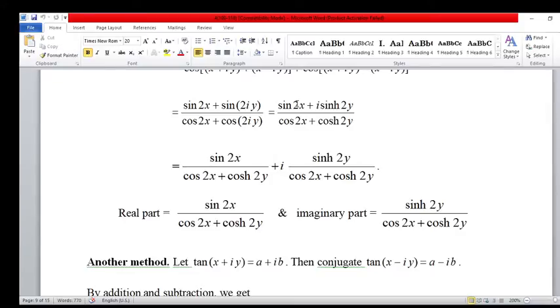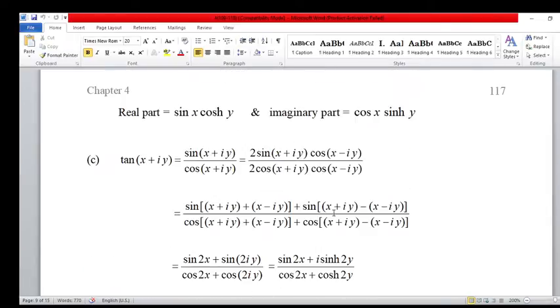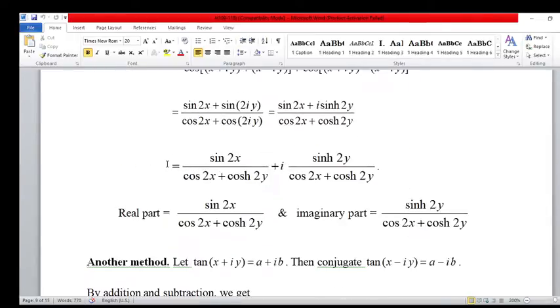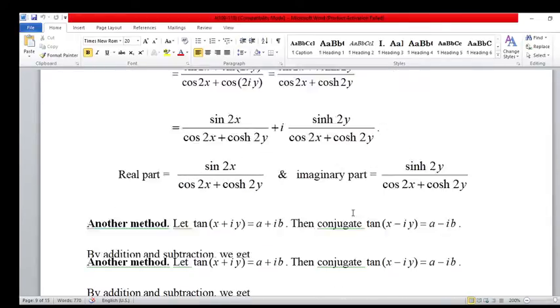Now separate the first part upon the denominator and the second part upon the denominator. The real part is sin 2x upon cos 2x plus cos hyperbolic 2y, and the imaginary part is sin hyperbolic 2y upon cos 2x plus cos hyperbolic 2y. This is the separation of tan(x+iy) into real part and imaginary part.